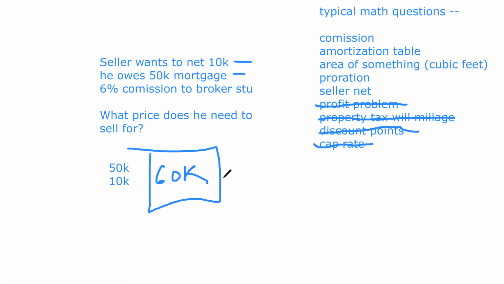So they multiply it by 0.06. They go, I need to find out 6% of that. No, naughtiness. That number represents the number that you need after the commissions.